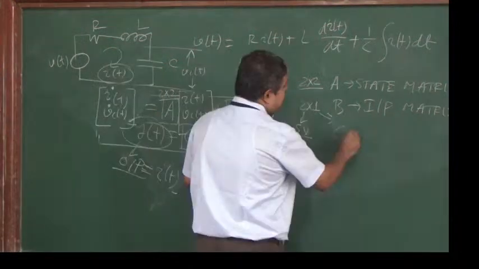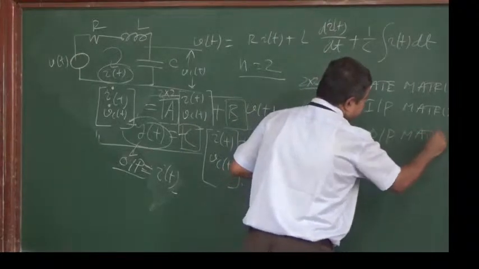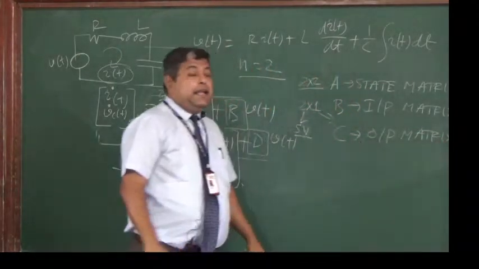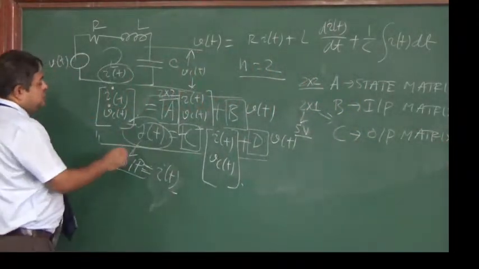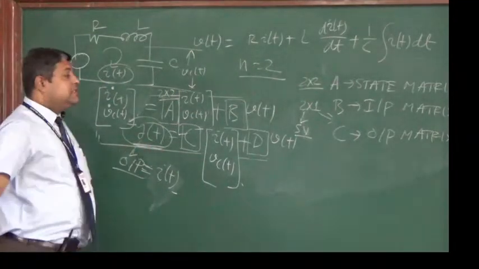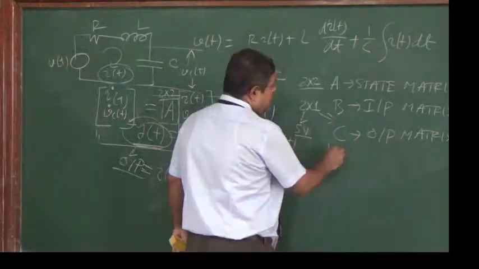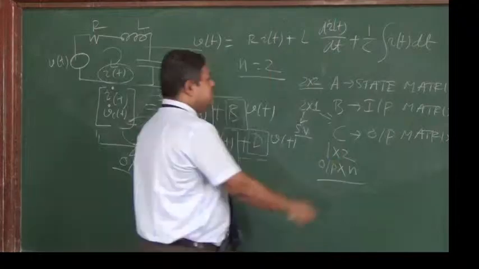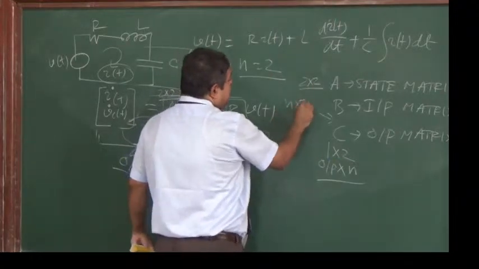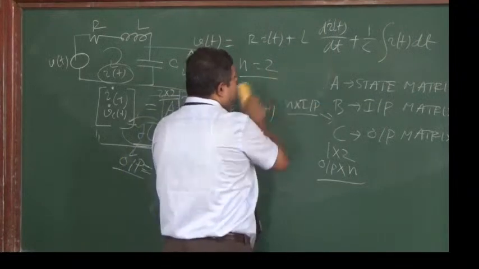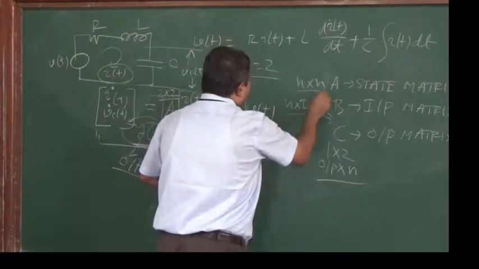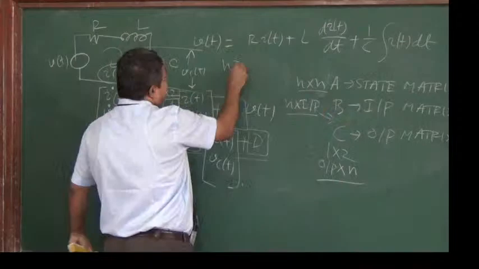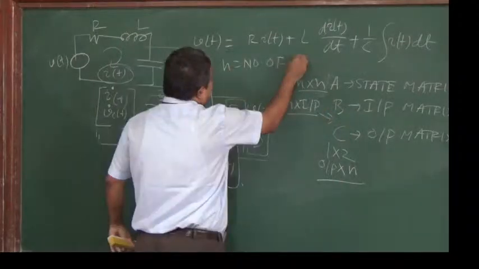The C matrix is called the output matrix, and as there is only one output for this system, it is 1 cross 2, or output cross n. So this is n cross number of inputs, this is order cross 1. What is n? n is the number of state variables. So this is what you have to remember.